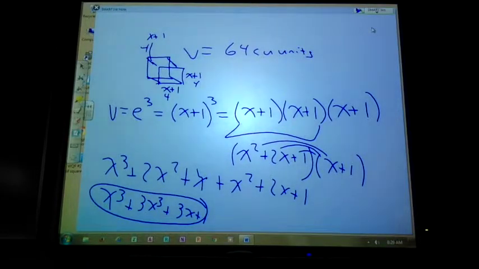Any ideas? Does anyone know why, though? So we have one first-hand. Yes. Why is that, though?